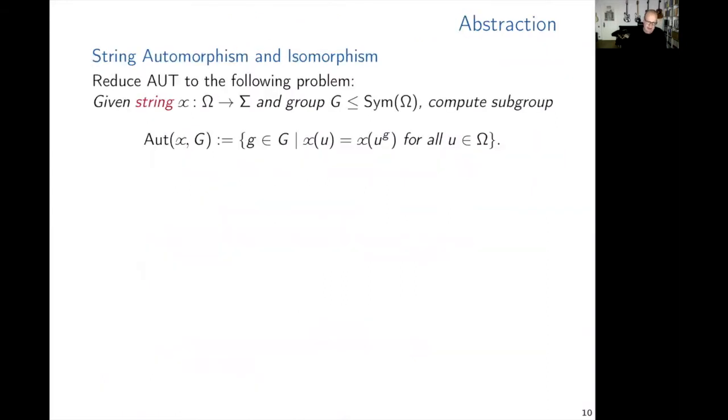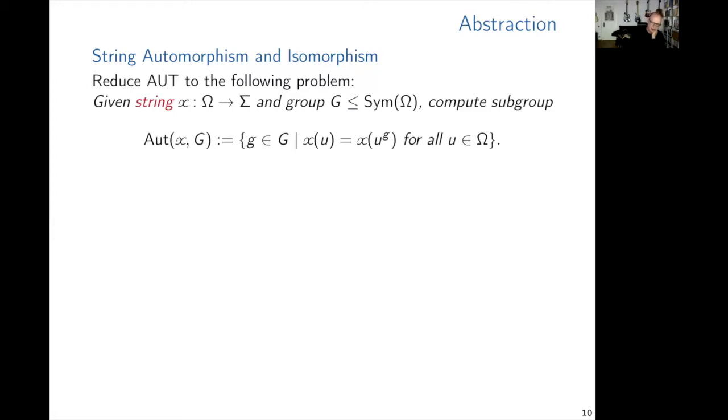Okay, the next thing I want to talk about is an abstraction that is often convenient when dealing with automorphism groups of graphs, because it makes it easier to use recursive strategies. Okay, and in the area, this is known as string automorphism or string isomorphism.